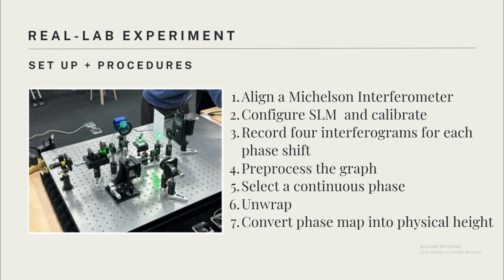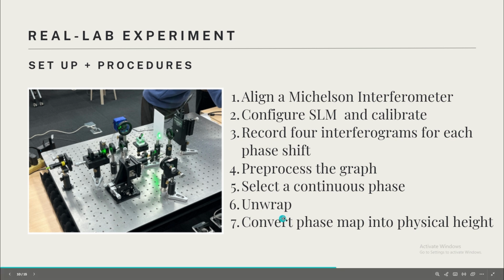As you can see, this is a Michelson interferometer setup. And basically, to do nanoscale profiling, we have to align a Michelson interferometer and then configure the SLM and calibrate, and then record the different phase shifts, and as we explained before, find the wrapped and unwrapped phase maps, and then convert it to the physical height map.